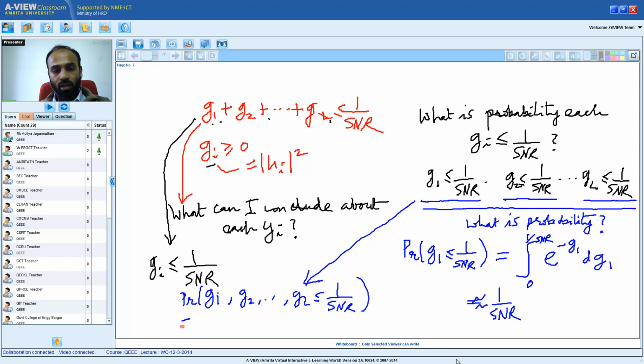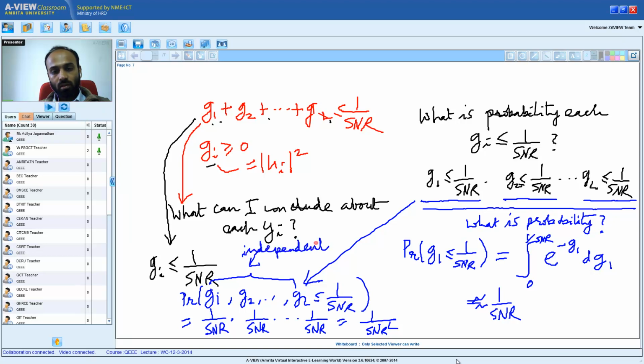So the joint probability, because G1, G2, GL are independent, is nothing but the product of the individual probabilities, that is 1 over SNR into 1 over SNR into 1 over SNR, which equals 1 over SNR to the power of L. Remember, this follows because G1, G2, GL are independent.